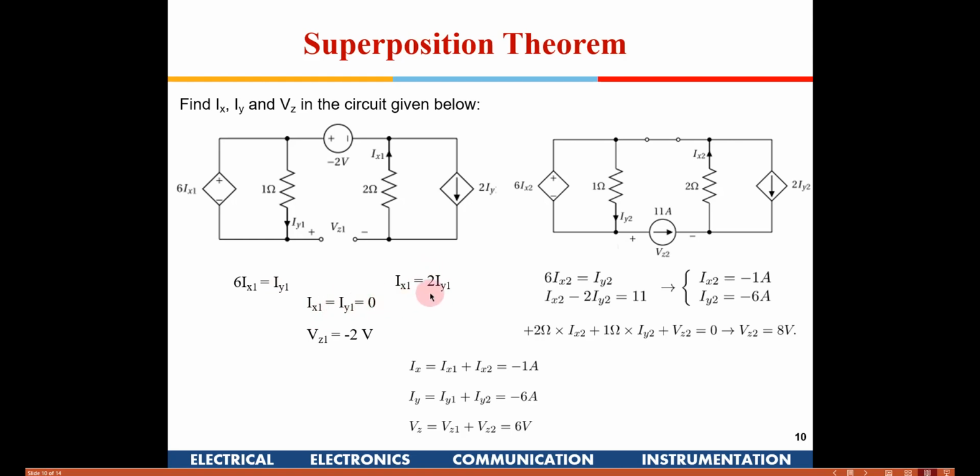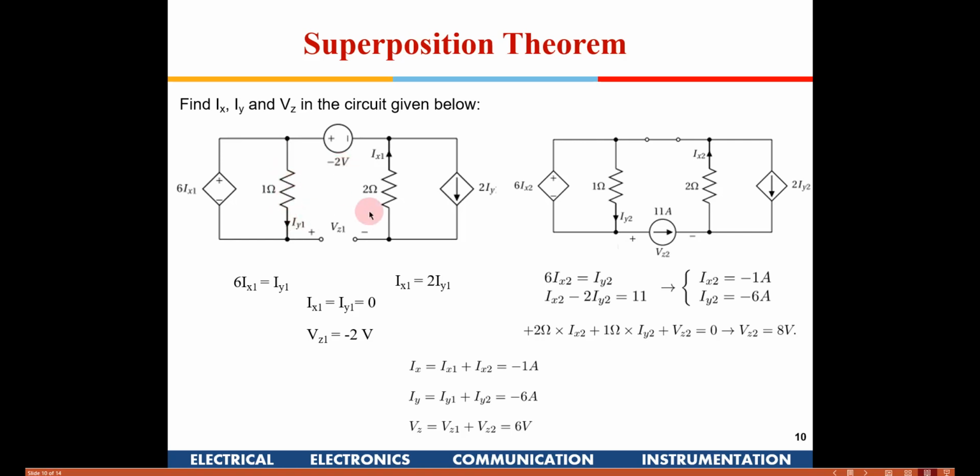So you get 0. Now we are interested in computing the voltage across these two terminals. There is no current flowing in this 1 ohm and no current flowing in this 2 ohm, because both have come to 0. So what is the net voltage out here? It will be -2. Why is it -2?